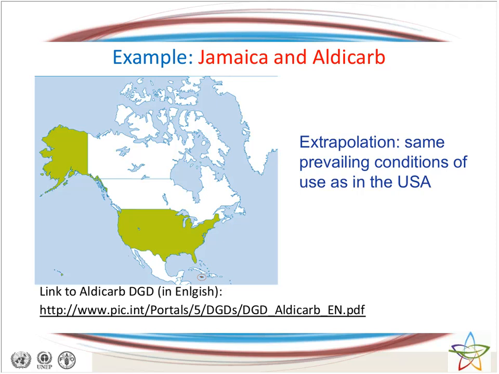This is the example of Jamaica, that submitted a notification of final regulatory action on aldicarb. And Jamaica provided an extrapolation of the same prevailing conditions of use as in the USA, and the USA had severely restricted aldicarb. So aldicarb was banned for the majority of the uses in the USA.